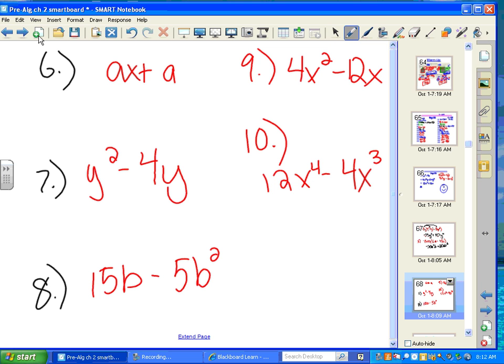Okay. Nope, no, because here's why. They're not like terms. Ax and a do not have the same variable parts. This does not have an x. This does not have an x. So these are very different. No. X is a variable. But let me explain this.